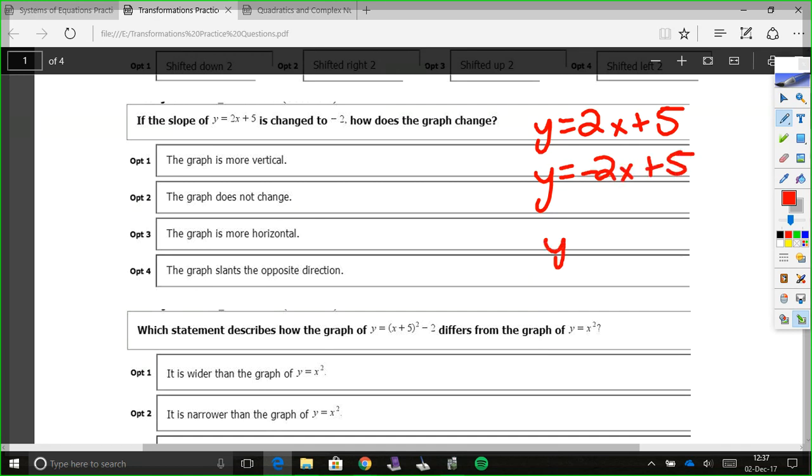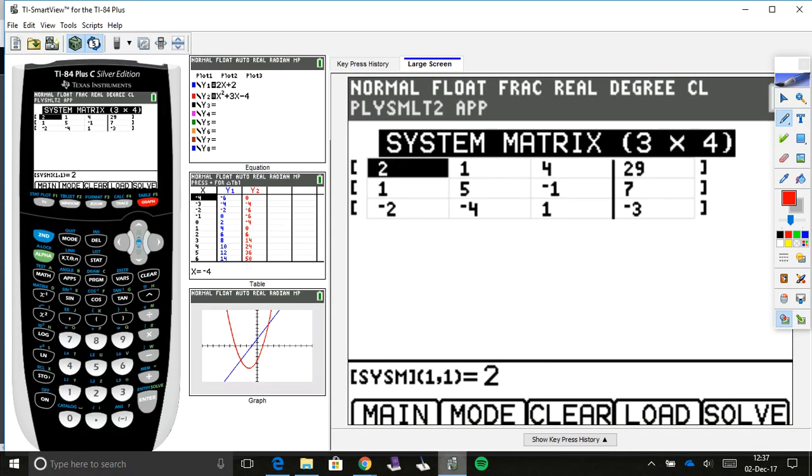Remember, y equals mx plus b is our slope-intercept form, so we're changing the slope from 2 to -2. We can just graph those two lines in our calculator and see how they've changed.